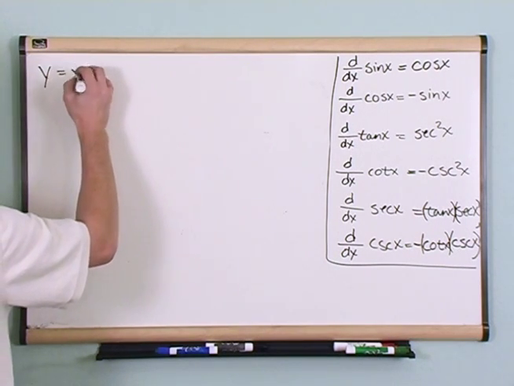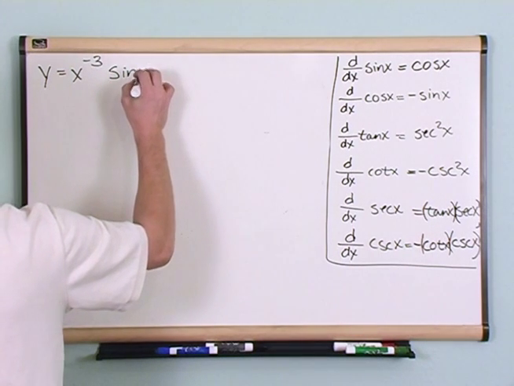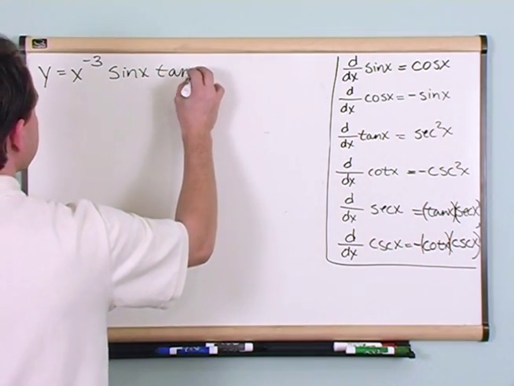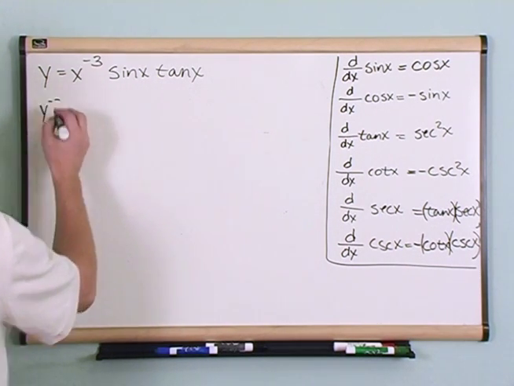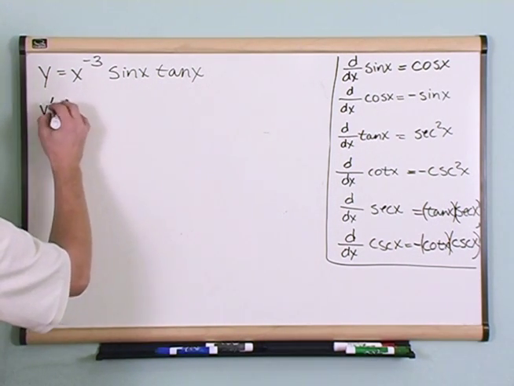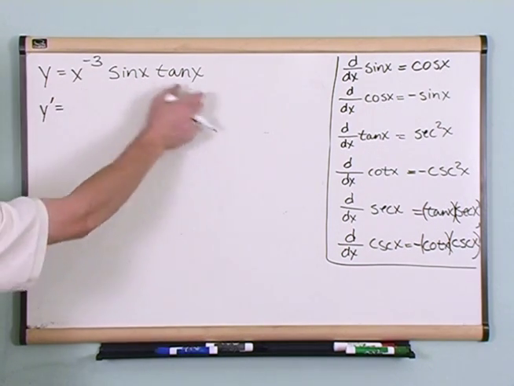What if you have x to the minus 3 power times sine of x times tangent of x? Then the derivative, y prime. Well, now this may look a little bit weird because you have 3 terms. So what do you do here?